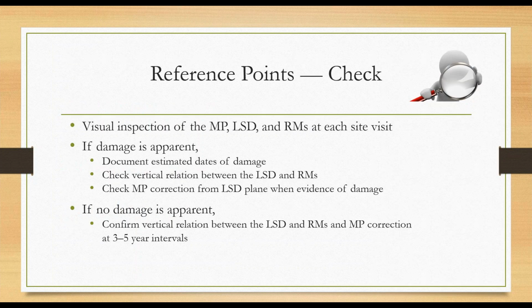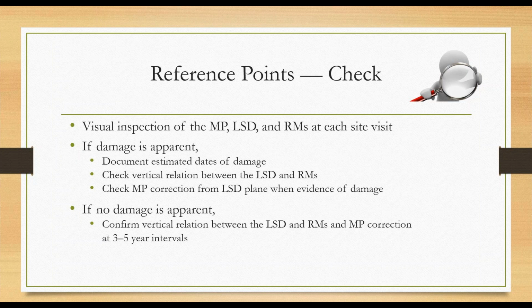We do require that reference points are visually inspected. These are the land surface datum, measuring points, and reference mark at each site at the site visit, documenting any changes that you might see.